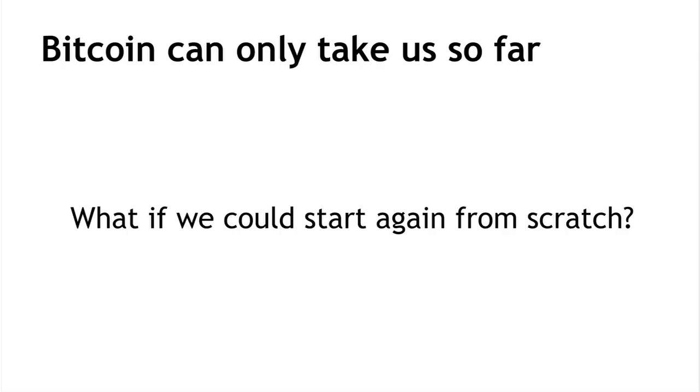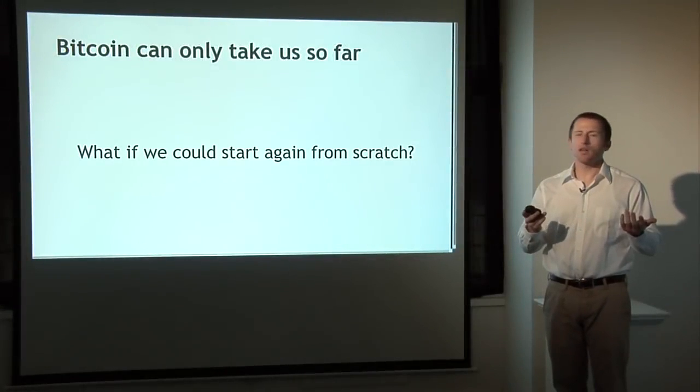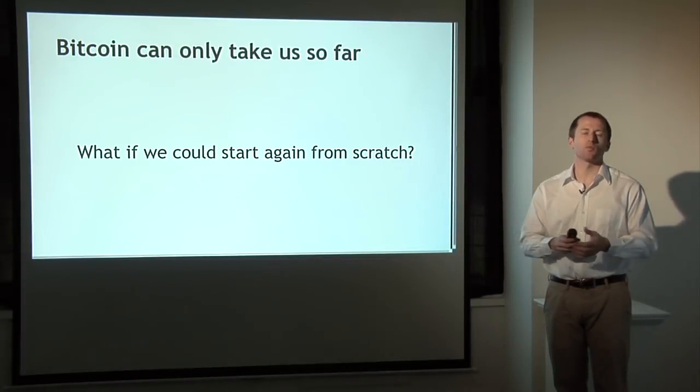What if we could forget about soft forks and hard forks and how to bolt things onto Bitcoin, and just say we've learned a lot since 2008 when Bitcoin first came out. Why don't we design a new cryptocurrency and everything will be better? So the next lecture will be all about altcoins, which are attempts to do just that, and we'll talk about all of the promising ideas people have and all of the challenges to starting a new currency at this point.